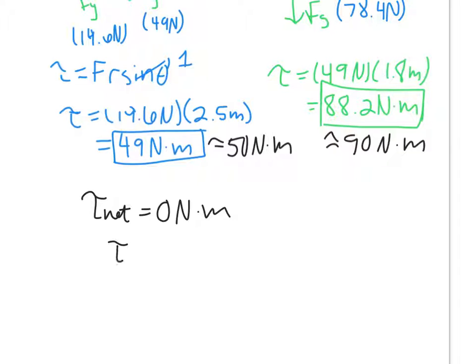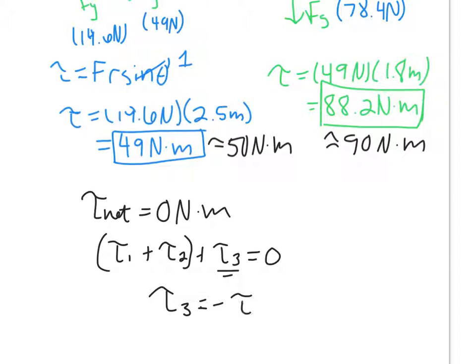So that means the torque of the 2 kilogram box plus the torque of the 5 kilogram box plus the torque of the 8 kilogram box all have to equal 0. We know what these two values are, so let's just isolate T3. T3 equals negative T1 minus T2.